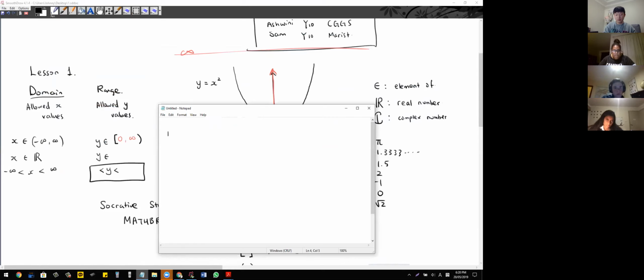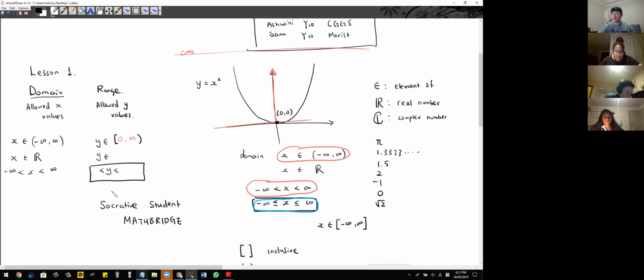Now if you want to use the equal sign, you can use this one. Can you see this symbol here? So you guys can do this and this. That's the same as this one here, okay? Or you can do this and this. That's the same as this one. Doesn't matter, okay?